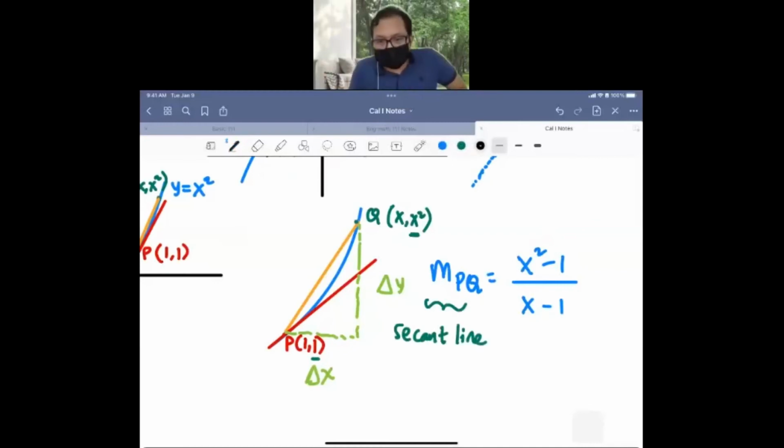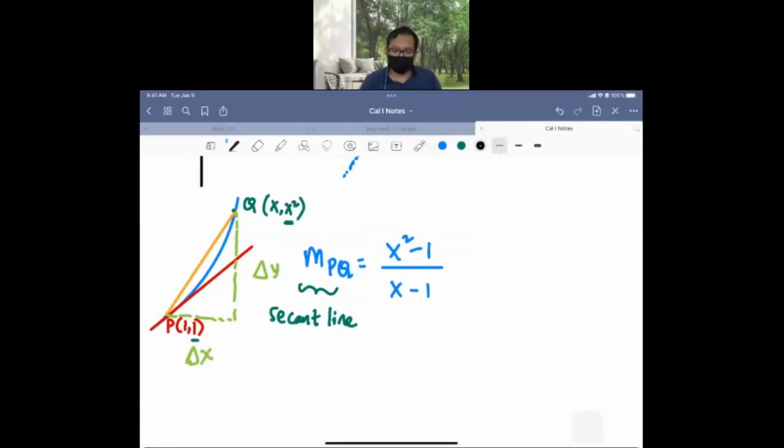From here, what we are going to do is take some number for x and then compute m. For example, x equals 2: m will be 4 minus 1, over 1, so it's 3. Then let's take x lower, maybe 1.5, because we can't take 1, it would be undefined.